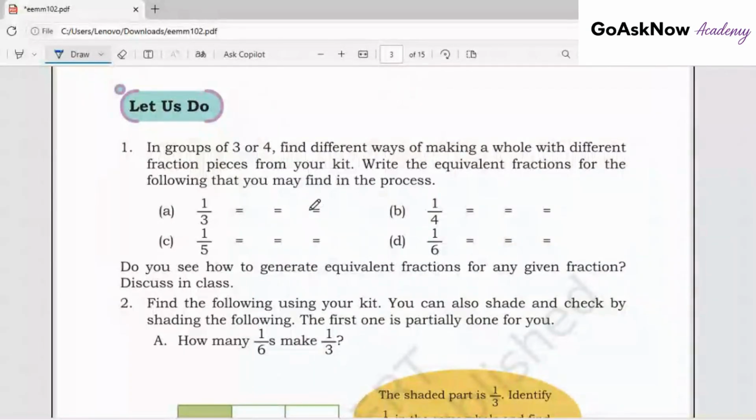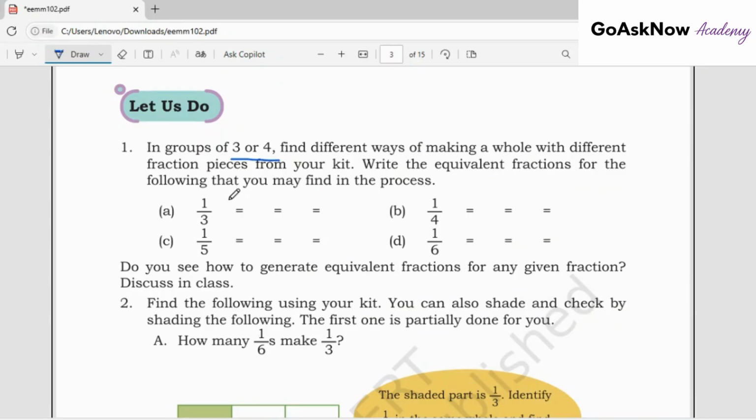Let us do the first question. In a group of 3 or 4, find different ways of making a whole with different fraction pieces from your kit. Write the equivalent fractions that you may find in the process.